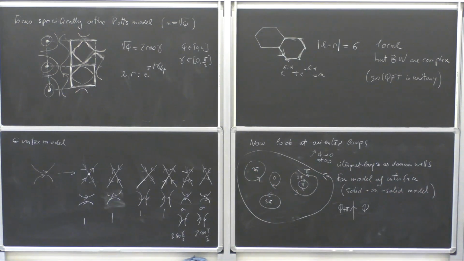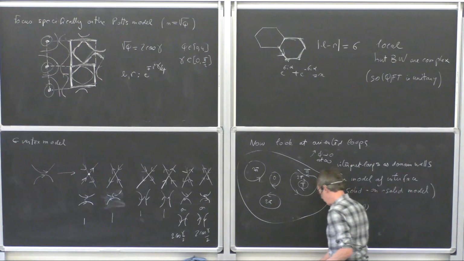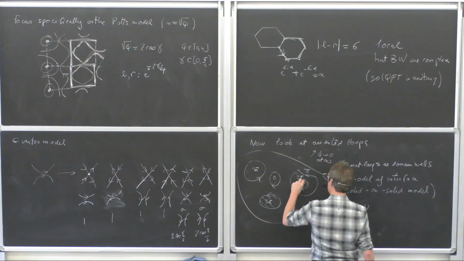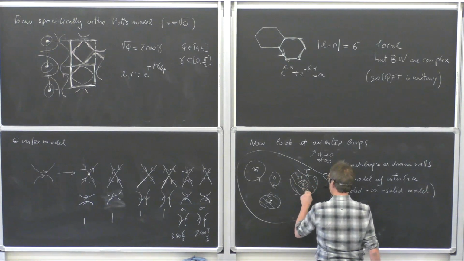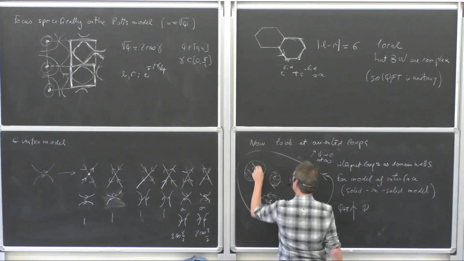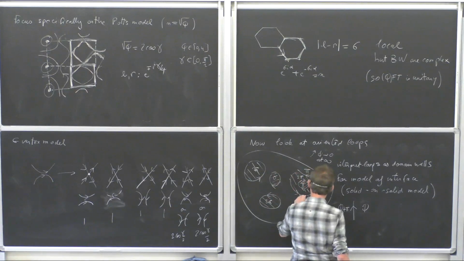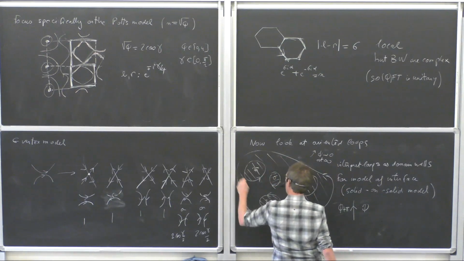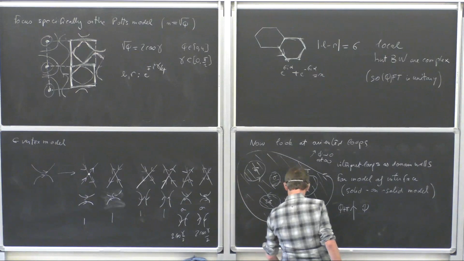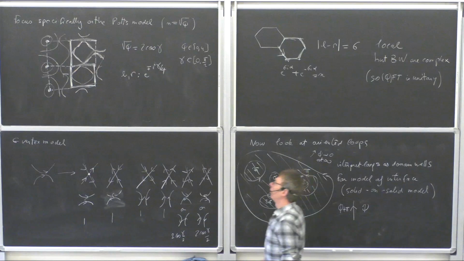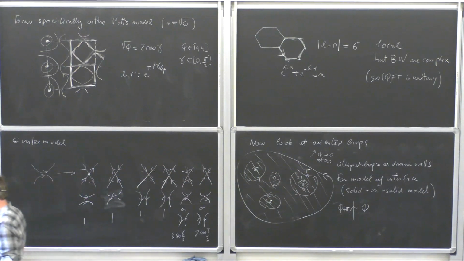So I've transformed my set of loops into a set of domains. So this is a domain, this is another domain, this is another domain. Okay, this is a domain, this is another domain, okay? And of course, outside, I also have one big domain, and so on and so forth. If I define the heights technically on the dual of the lattice that supports the loops, it will be the triangular lattice if the loops live on the honeycomb lattice.